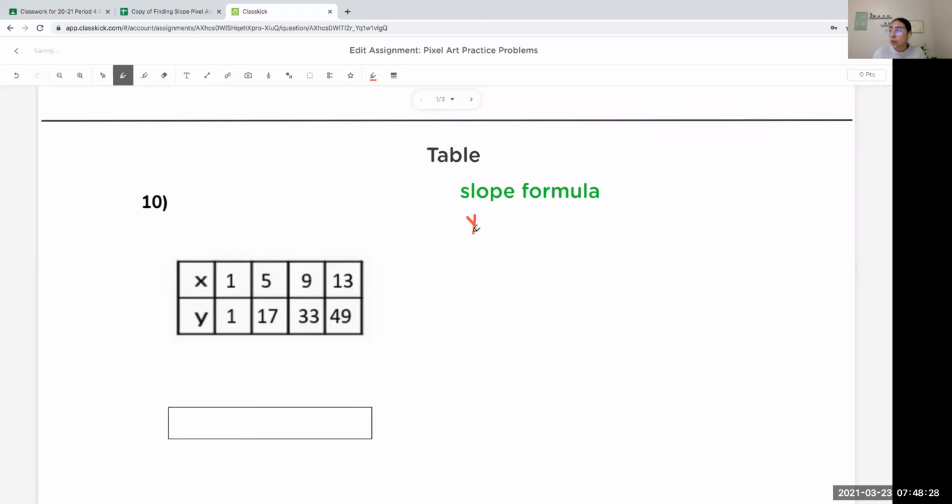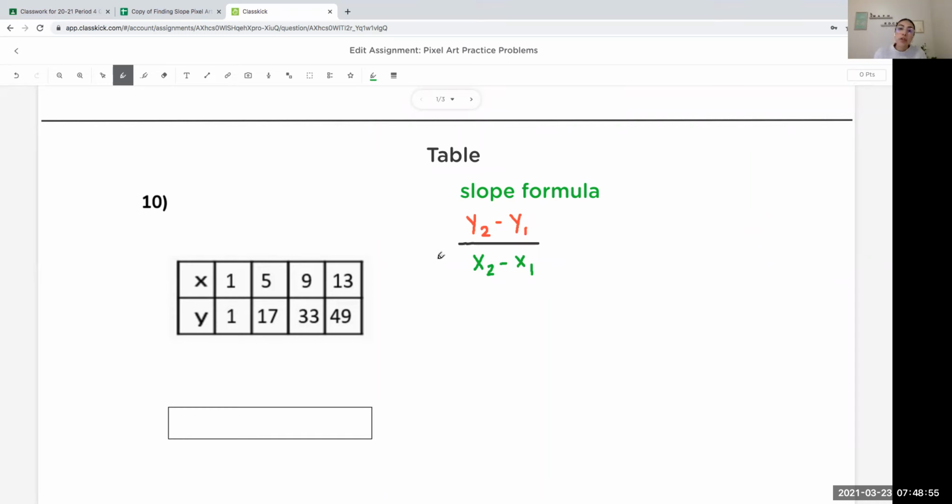So I will start by writing the formula here: Y2 minus Y1, all over X2 minus X1. So your second Y subtracted by your first Y, and your second X subtracted by your first X.